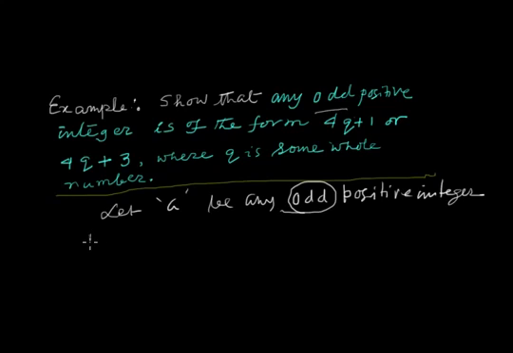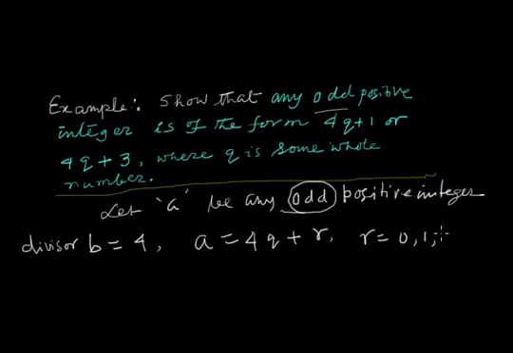And here we take the divisor b equal to 4. So according to Euclid's lemma, we can write a is equal to 4 times quotient plus remainder, where r is equal to 0, 1, 2, 3, because r is greater than or equal to 0 and less than 4.